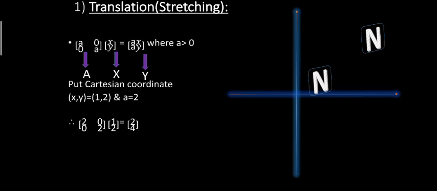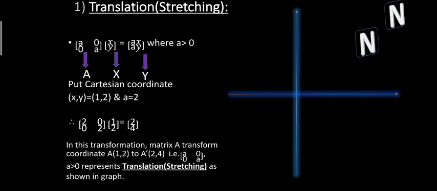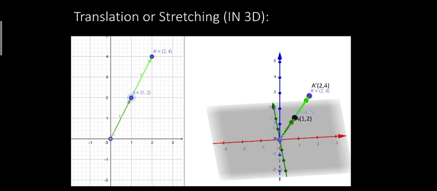After multiplication, we have seen 1 comma 2 converted to 2 comma 4 in the translation or stretching. Now look in the graph, the letter n is translated or stretched as shown in the graph, like this in the same line. In 3D it will look like this. So it is translation along the same line.